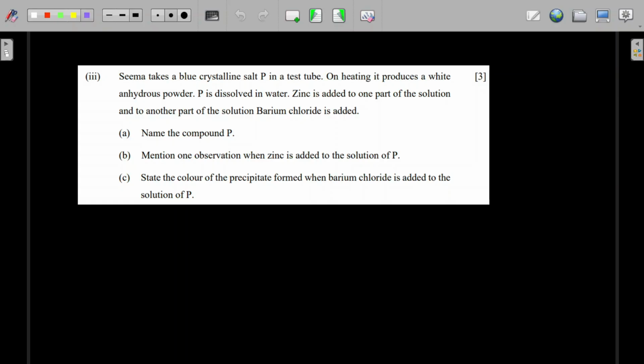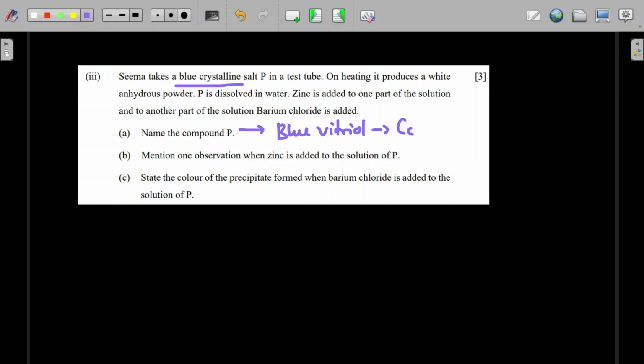Blue crystalline salt, and it becomes amorphous. CuSO4.5H2O. What is the name? Hydrated copper sulfate. The common name is blue vitriol, if you remember, right?